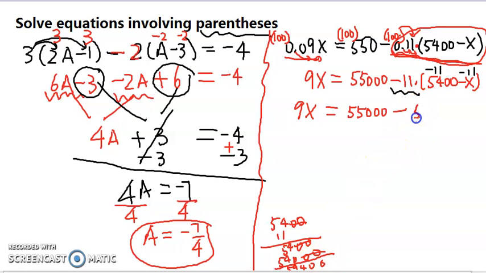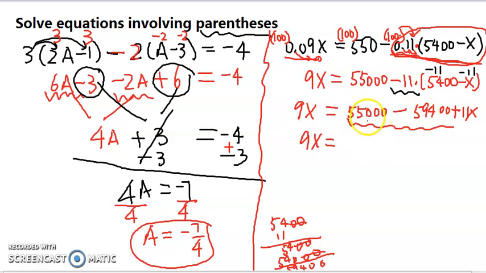So we have 594, 59,400. And negative 11 times negative x, negative times negative is positive, 11x. Okay, let's combine like terms. These two are both numbers, they're like terms, we can combine them.